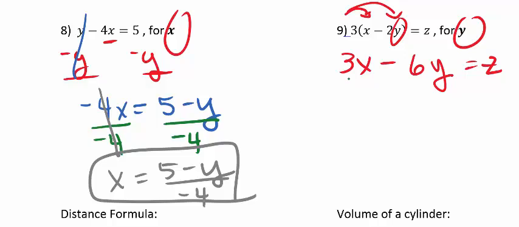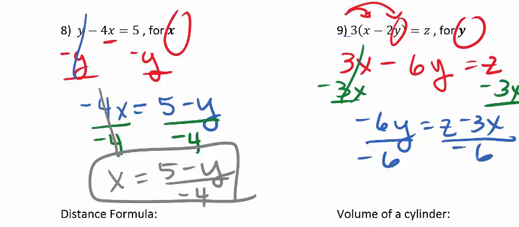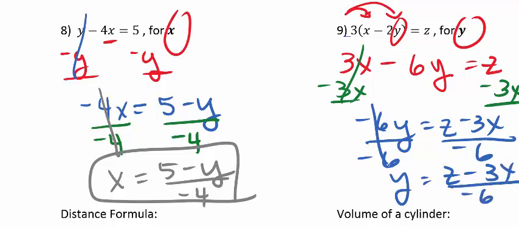Now I can get rid of this 3x by subtracting 3x from both sides. Now I can bring down the negative 6y, and I get z minus 3x, and then I can divide both sides by negative 6. Now y is going to equal z minus 3x over negative 6.